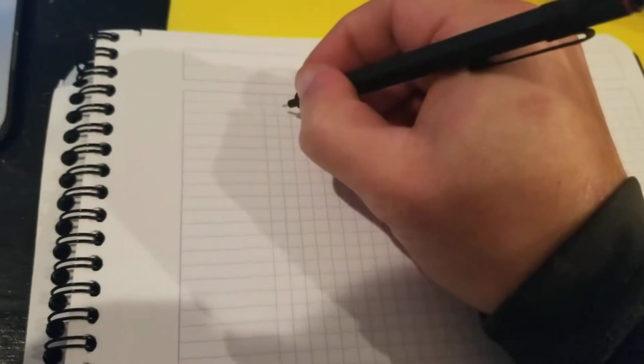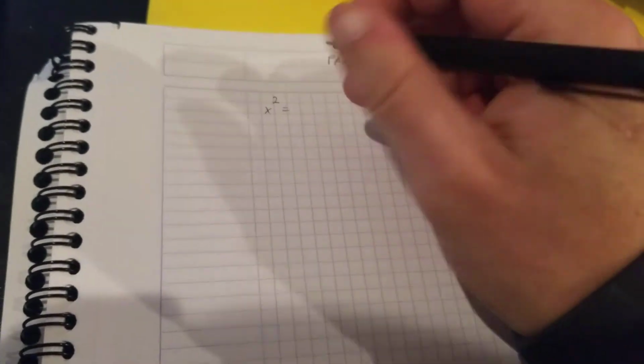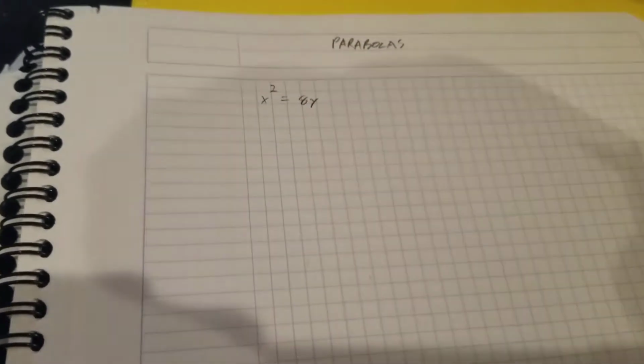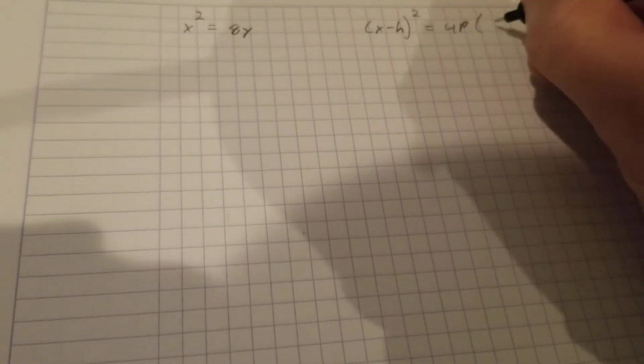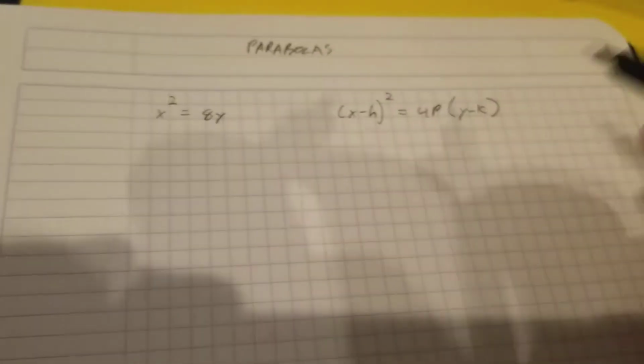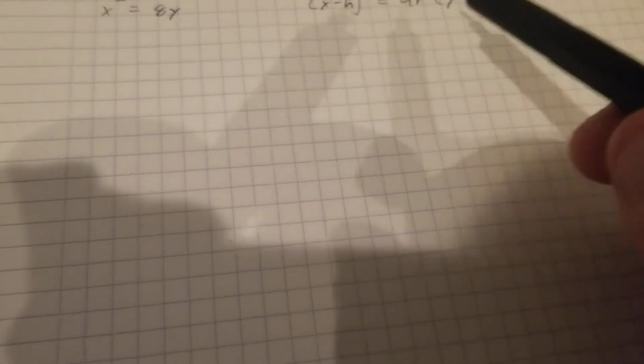We're going to try x squared equals 8y. So this is in the form (x minus h) squared equals 4p times (y minus k). Might not look like it, but it is.